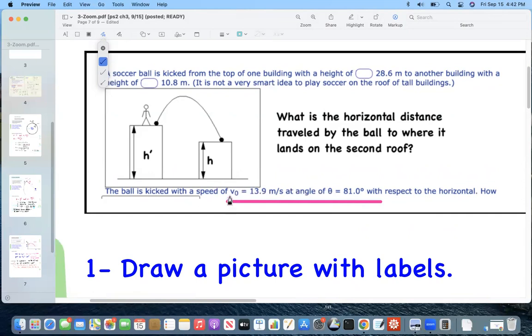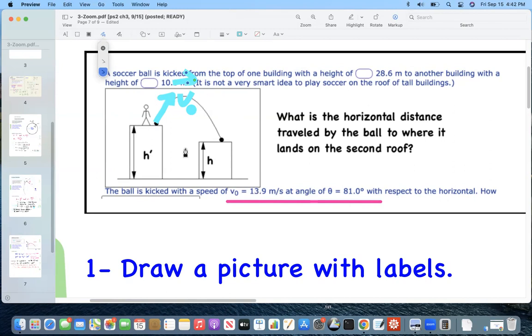And you're also told information about the speed and angle of the projectile. So the initial speed, so here's the initial velocity vector. It's a vector. So it has a magnitude, that's the speed, and a direction. And the direction is measured relative to the horizontal.